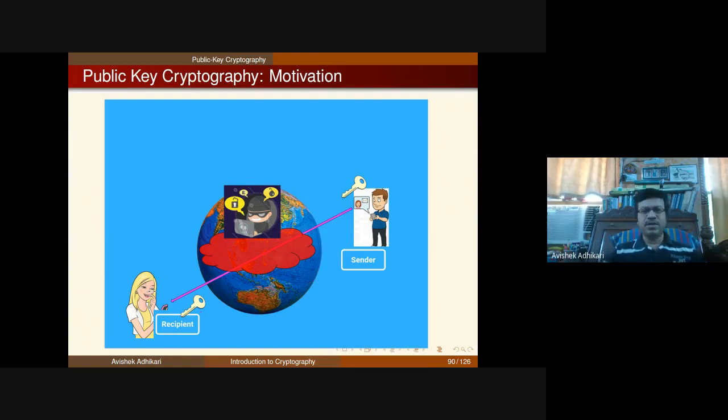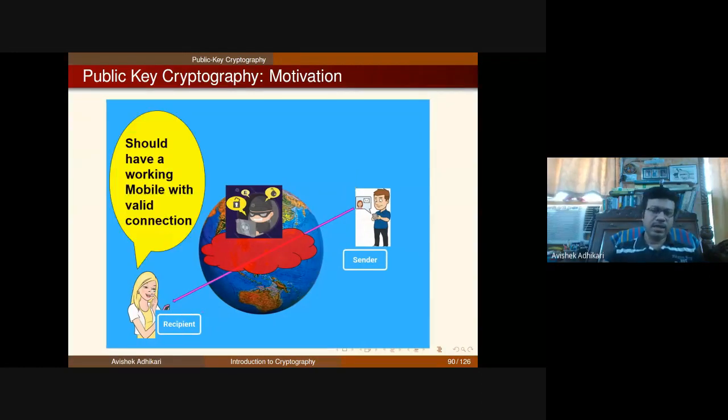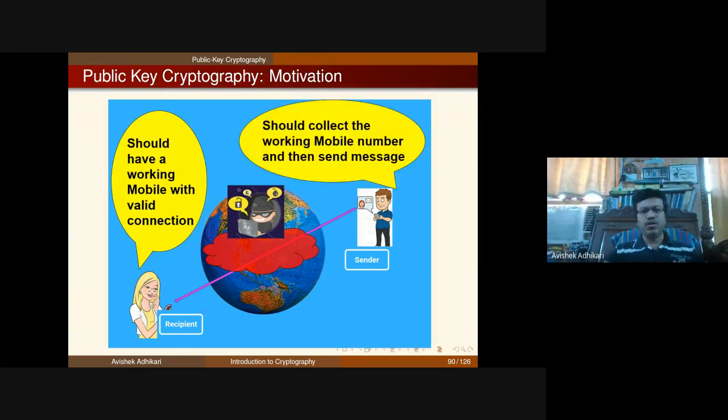That means if the boy wants to send the message to the recipient, it's the recipient's duty to first have an infrastructure so that the boy will be able to send the message. That's why the girl should have a working mobile with a proper connection, and WhatsApp installed on her mobile. Then it's the boy's duty to know the mobile number of that girl.